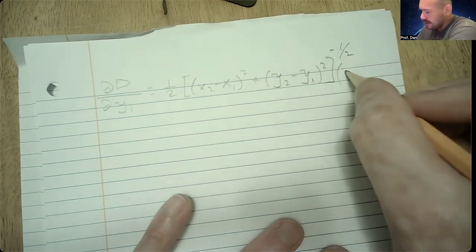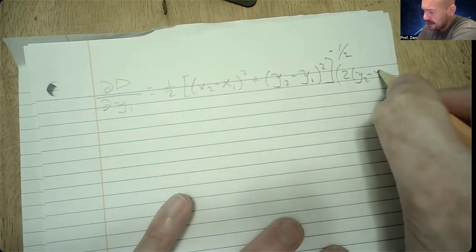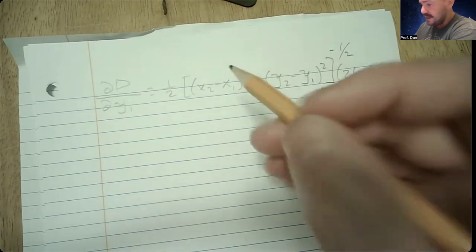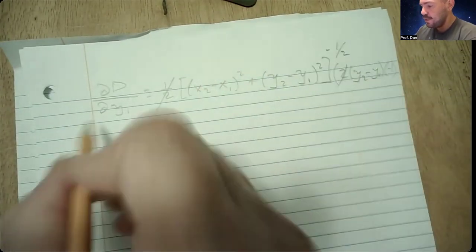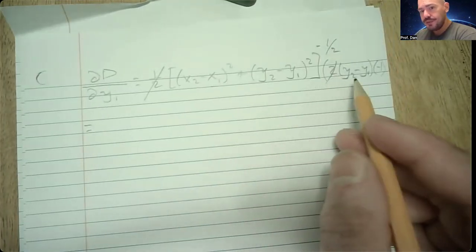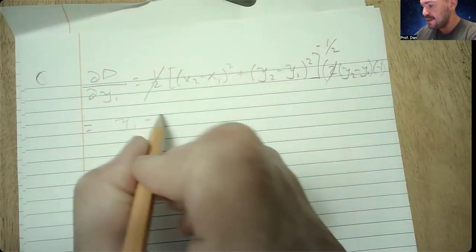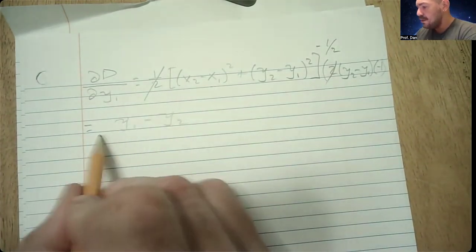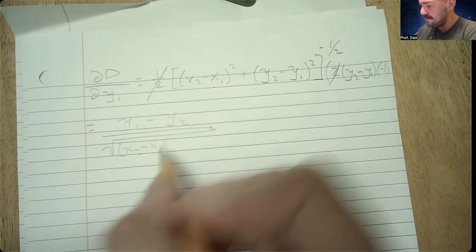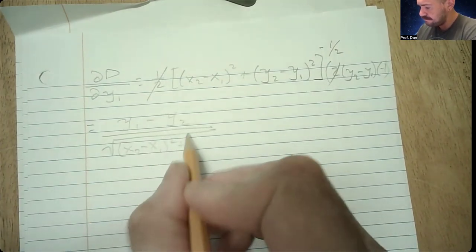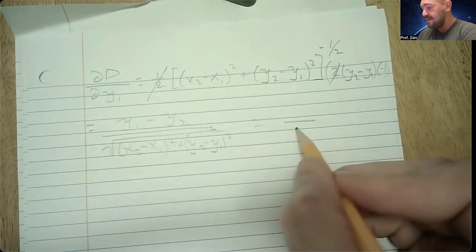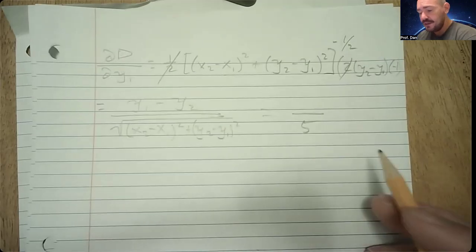So we're going to multiply by 2 times (y2 minus y1). Since y1 has a minus in front, we have to multiply by -1. And just like before, 1/2 times 2 will give me 1. So this will work out to, we could either write the negative sign or we could switch the order, y1 minus y2, divided by the square root of all that same stuff. Okay, we already know the denominator is going to work out to 5. I'm not even going to care about that.